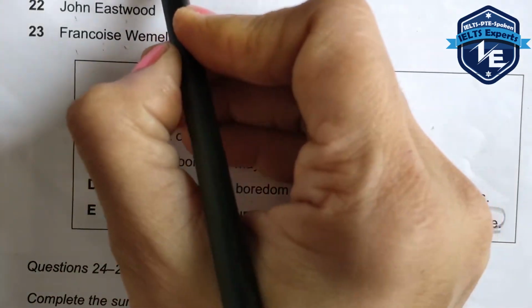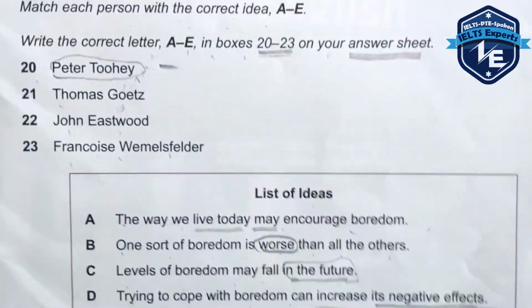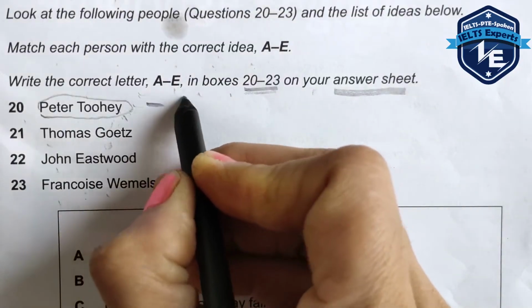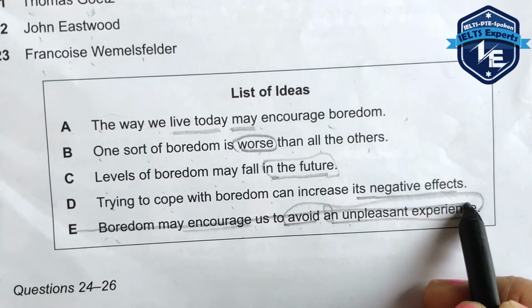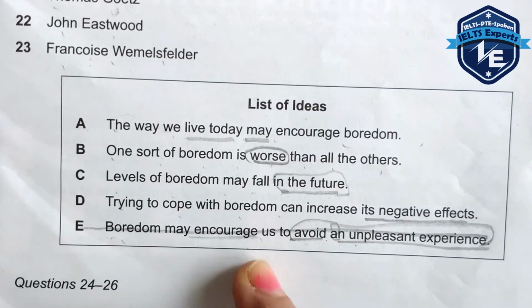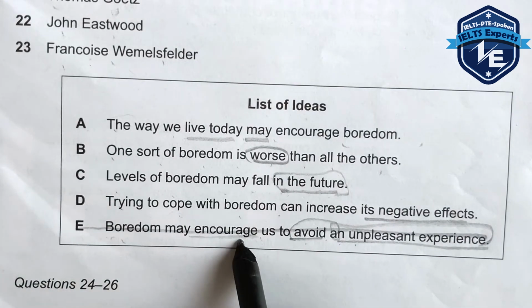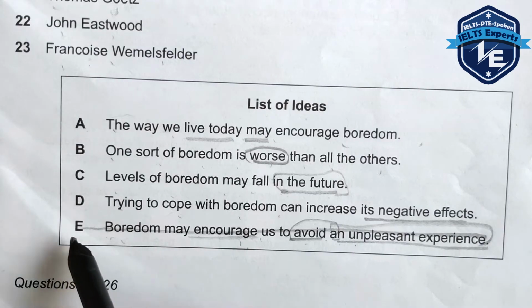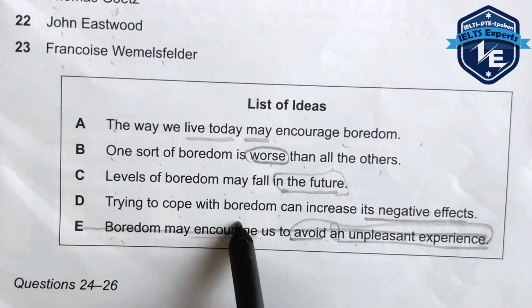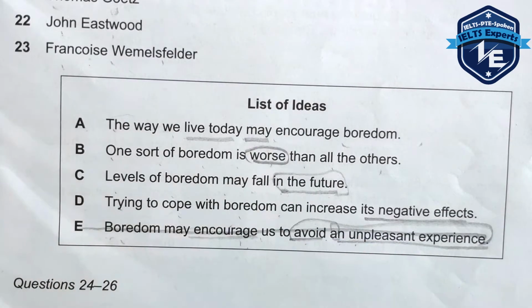This is E, for question 20 the answer is option E. So let's cut it from the list of options. You have to make your question paper dirty while doing this. These kinds of questions, like matching headings and list of ideas.